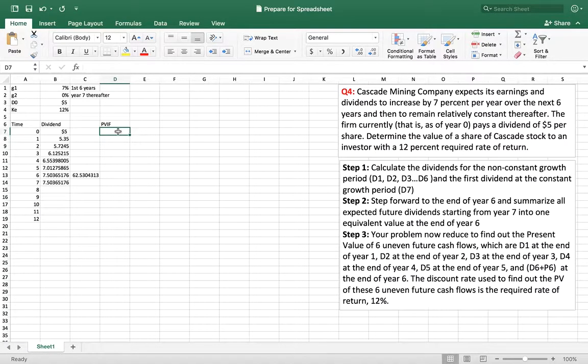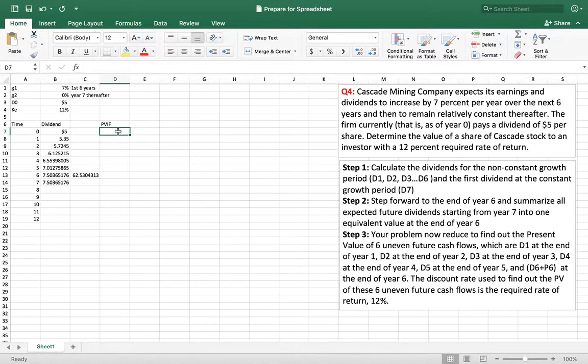The formula for the present value interest factor for each time period is 1 divided by 1 plus interest rate raised to the power of the corresponding time period.